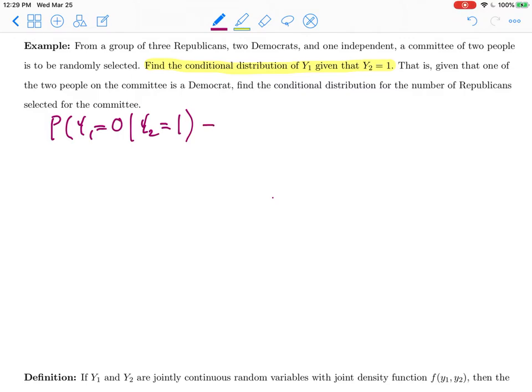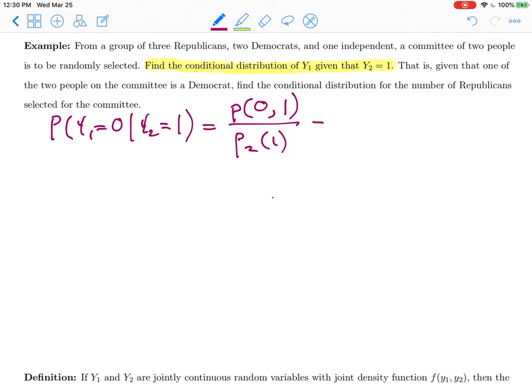So that would be the probability function where we have 0 Republicans and 1 Democrat over the marginal probability function of having one Democrat.